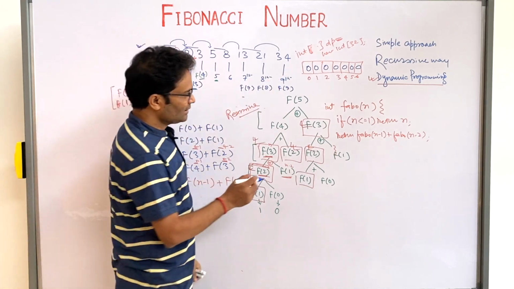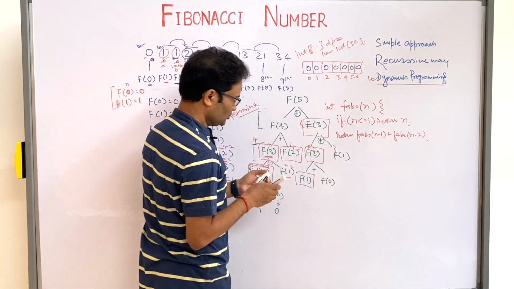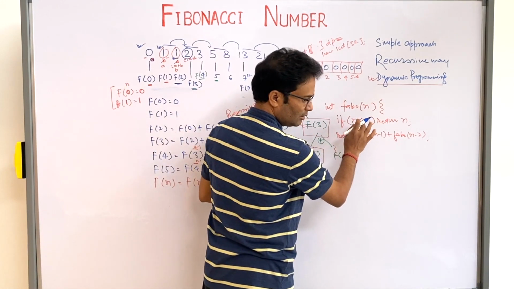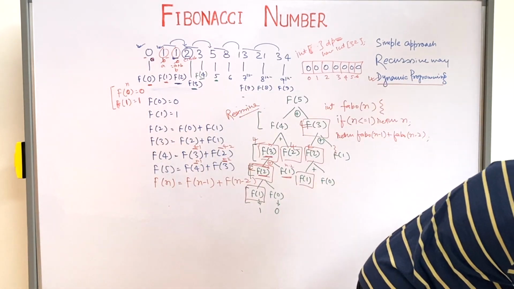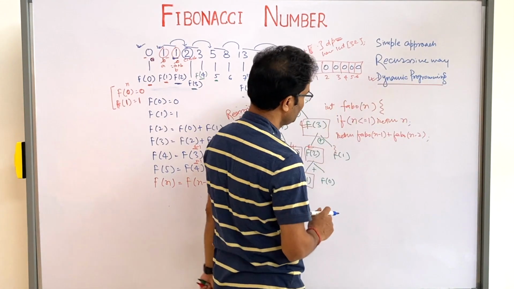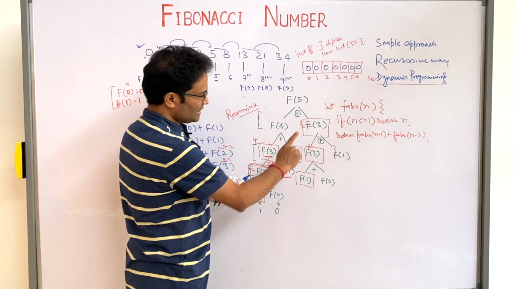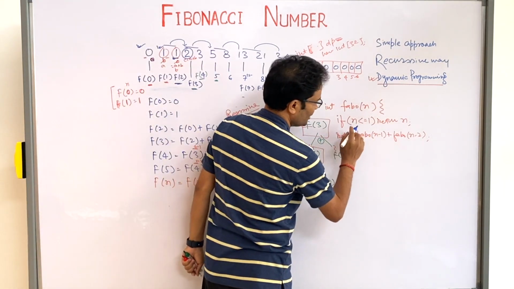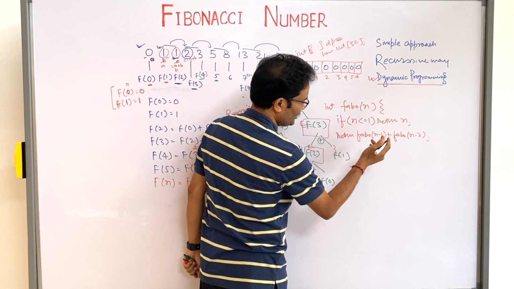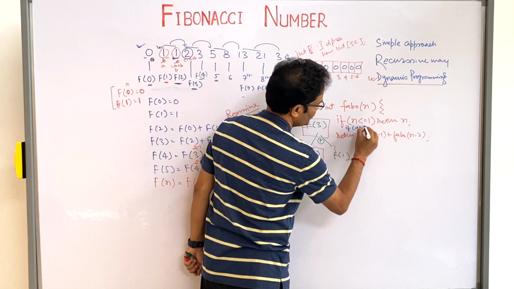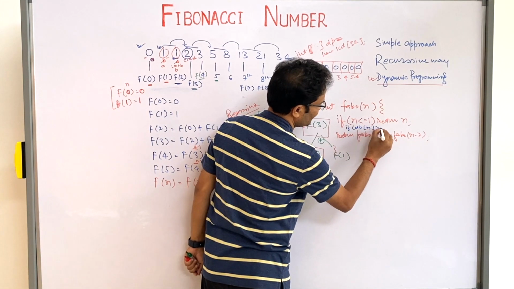How can we do that? In the same case, you have to just modify this here. What do you have to modify here? When you want to take a new number, check if that value is already there in the dp, greater than 0.